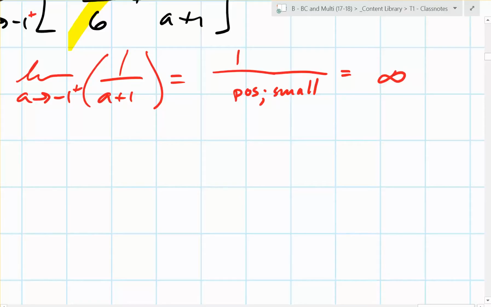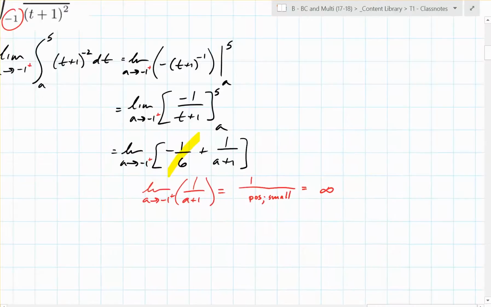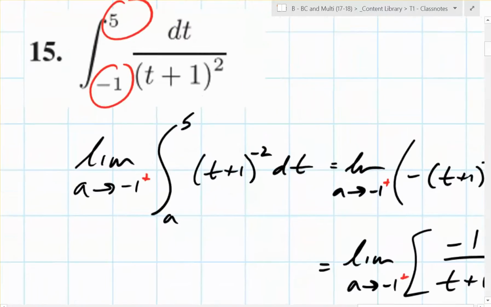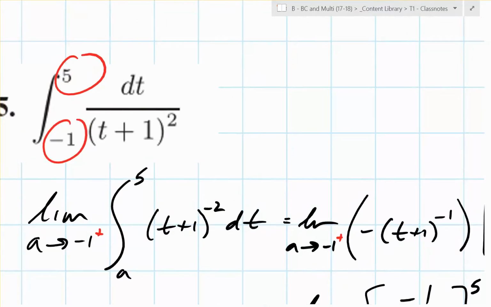There are multiple paths you can take here, everybody. Do you want to see the fun, shorter way? Honestly, this is what I would have done: you can use u substitution right off the bat. What are we going to let u equal to make this nice? t plus 1, right? So du is equal to dt.